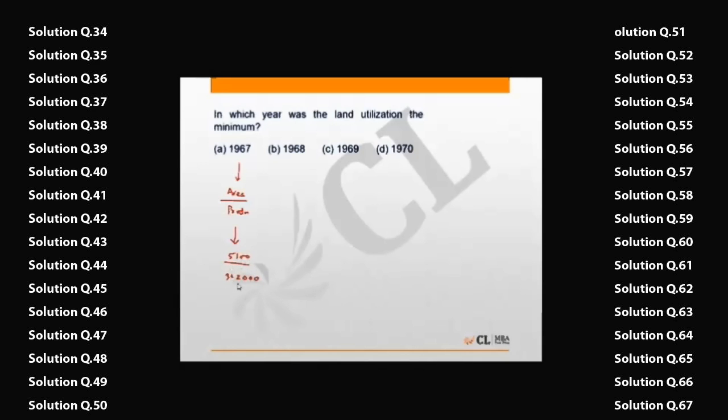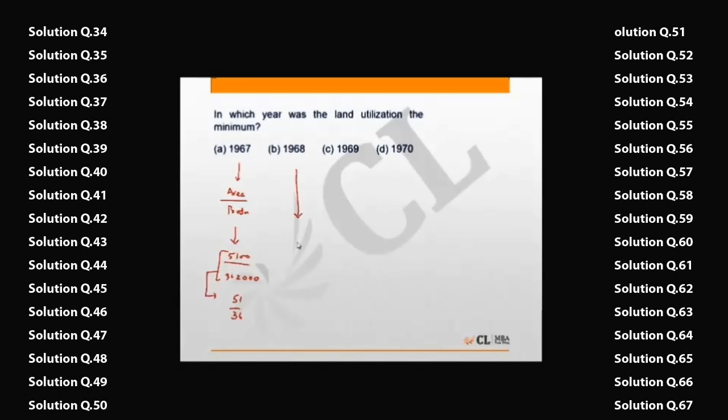So I will break it down to numbers that make it a little easier for us to work with. So I'll write it as 51 by 36 into some factor, right? So just watch what I'm doing, how I'm going to compare.